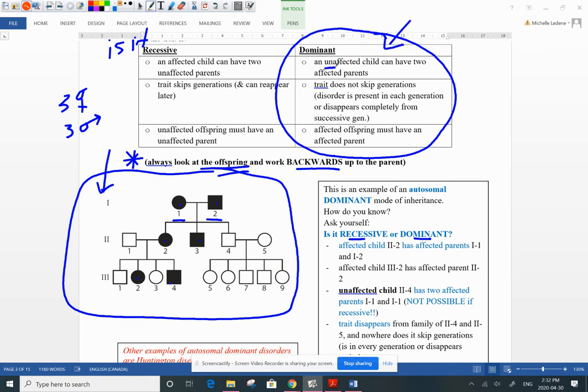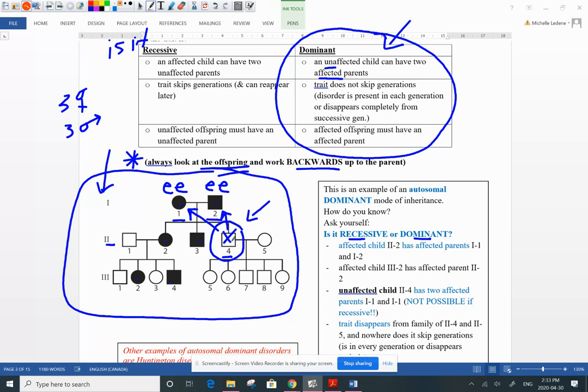Is there any unaffected child with 2 affected parents? So let me look. Oh my, look at this child. Individual 2-4 is not affected, yet each parent is. How can that be? If this was recessive, remember how we just did the recessive for earlobes?